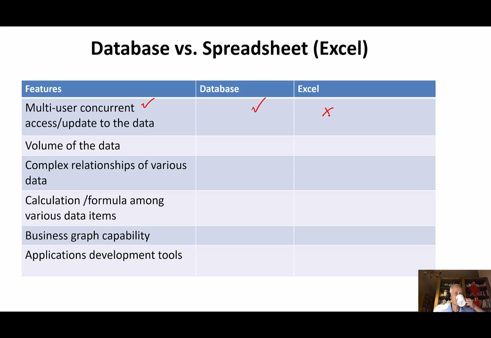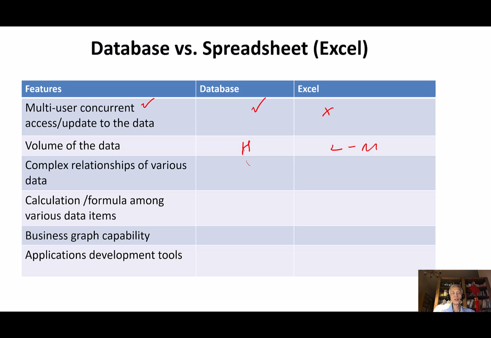Volume of the data. Database: high or huge. Excel is getting better. Spreadsheets, like Google Sheets, I'm just using Excel here, but spreadsheets are kind of low to medium. They can handle relatively large data, but not too large.